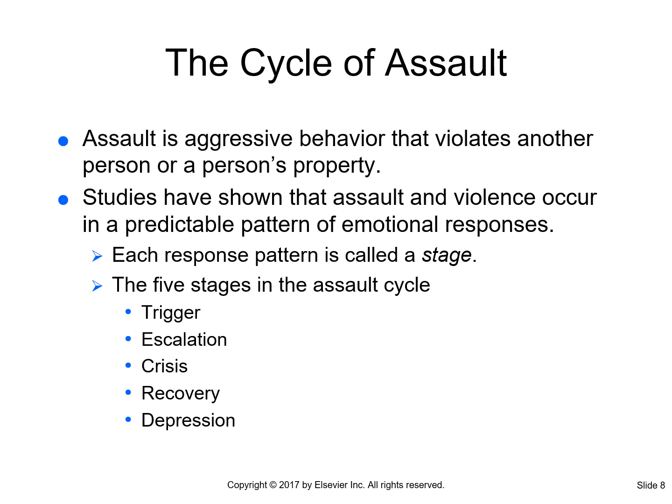Okay. Studies have shown that assault and violence occur in a predictable pattern of emotional responses, and we call this response pattern a stage. Okay. There are 5 stages in the assault cycle.